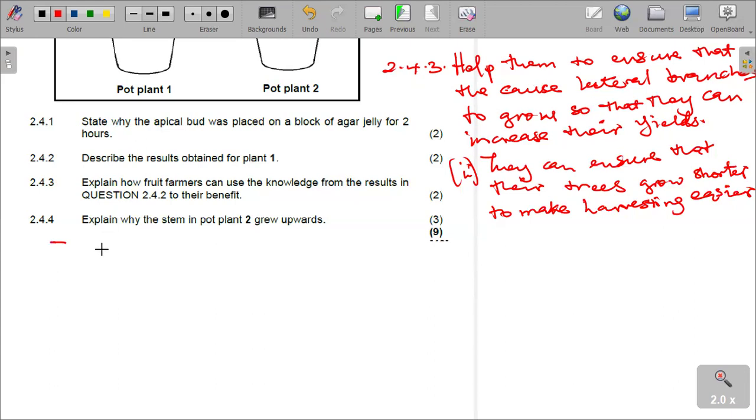One, auxins in the block of the algae jelly move downwards into the stem. As you can see there, the auxins are diffusing into the block there.